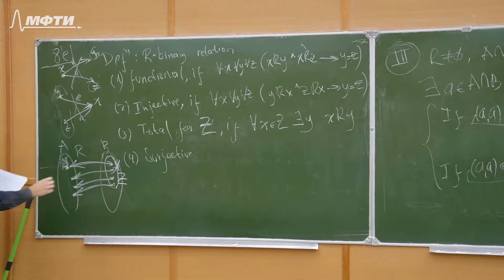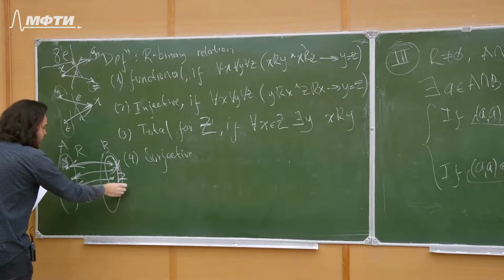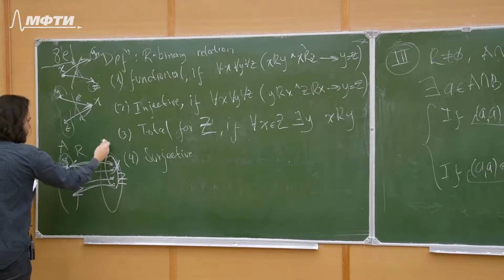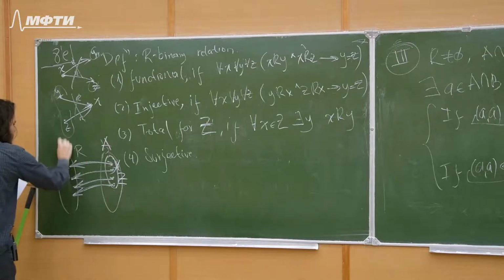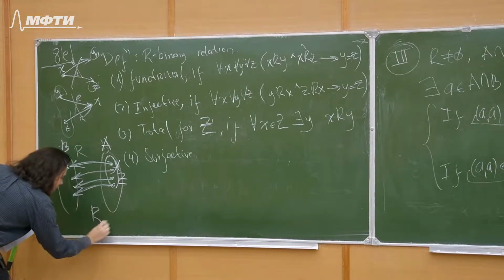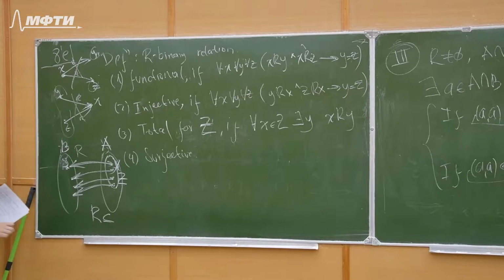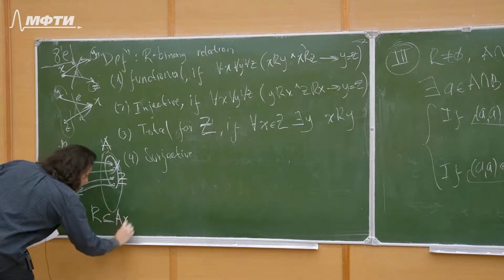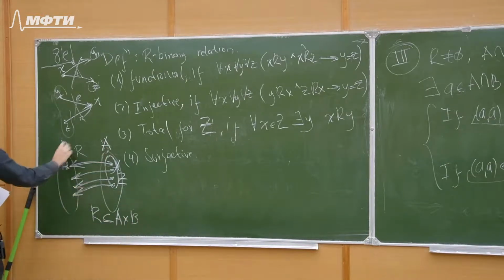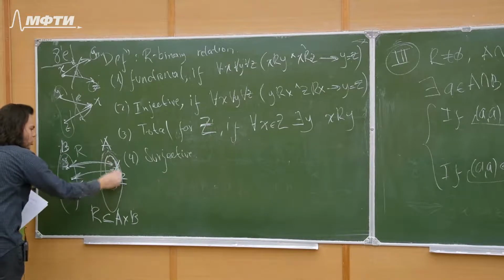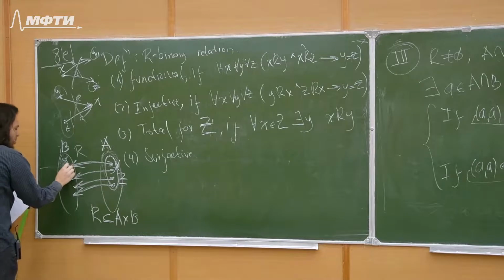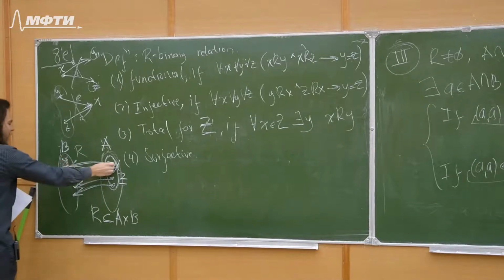So if I have, yes, so it's total for Z, for each of the elements of Z. So this is going to be A, this is going to be B. So we have that R is a binary relation from A to B, right? So from A to B. So for all X in Z, there should exist some Y here such that X R Y.